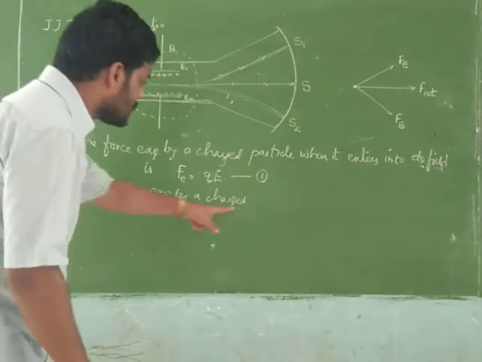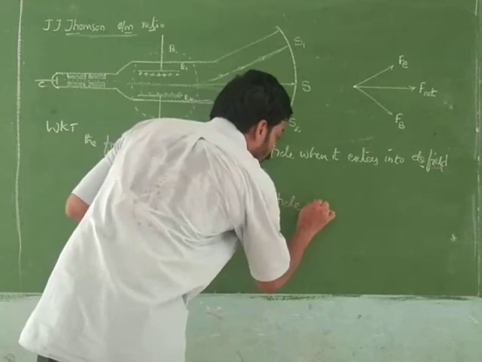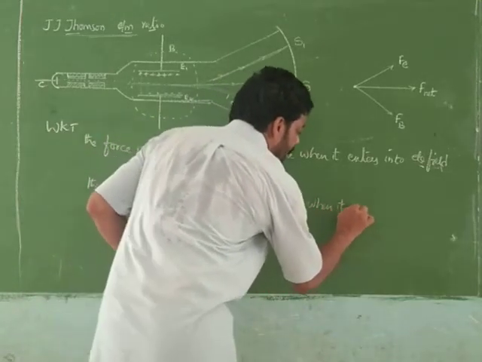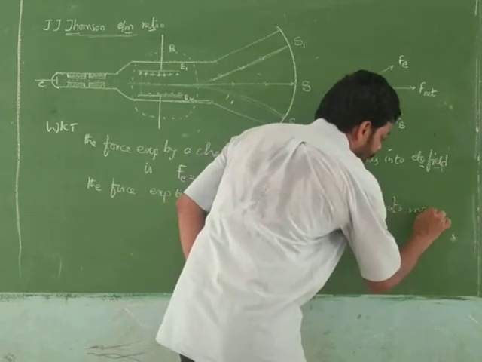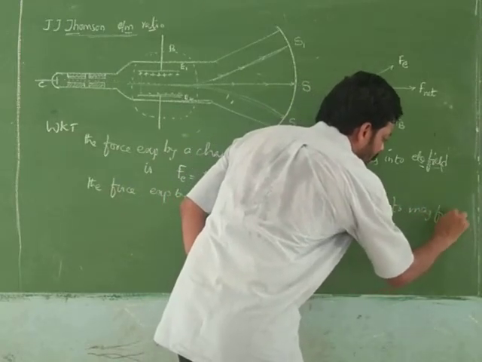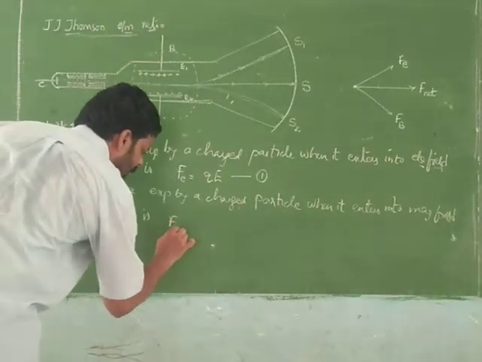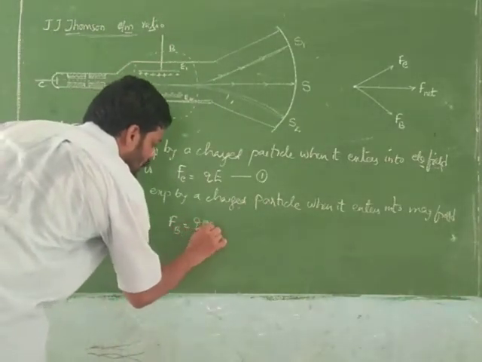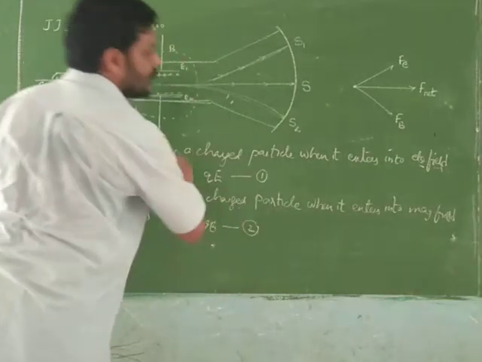Next, the force experienced by a charged particle when it enters into a magnetic field. The formula looks like this: FB equals QVB. Let it be equation 2.